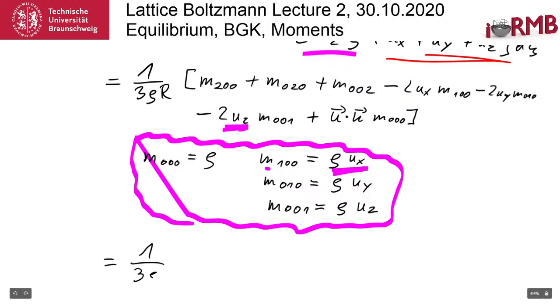And we can combine these to get 1 over rho, and we have M200 plus M020 plus M002 minus ux. No, actually we can combine this even. I write it in vector form to be a bit quicker. So we can combine this in vector form as U dot U times rho.